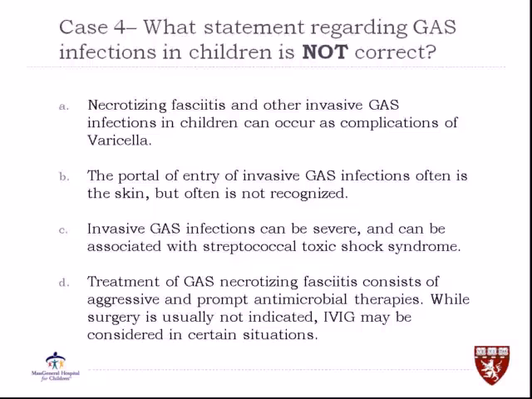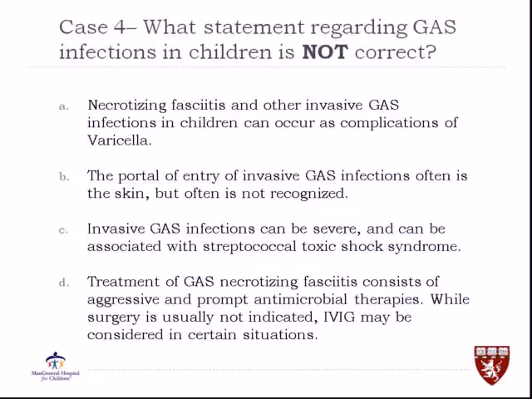A, necrotizing fasciitis and other invasive group A strep infections in children can occur as complications of varicella. B, the portal of entry of invasive group A strep infection often is the skin, but is not recognized at times. C, invasive group A strep infections can be severe and can be associated with streptococcal toxic shock syndrome.